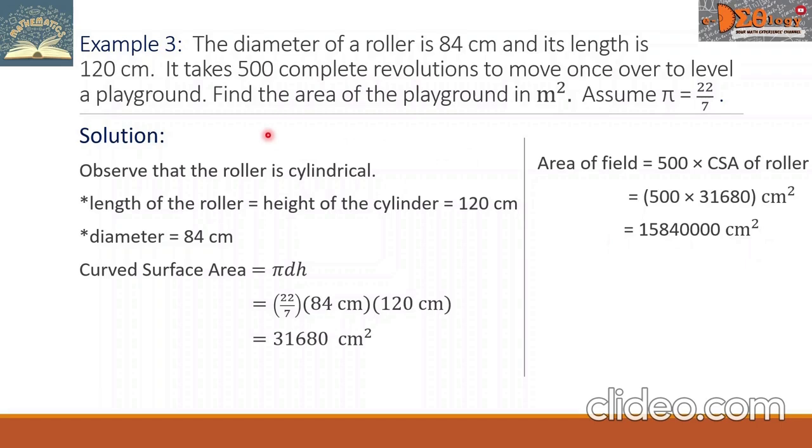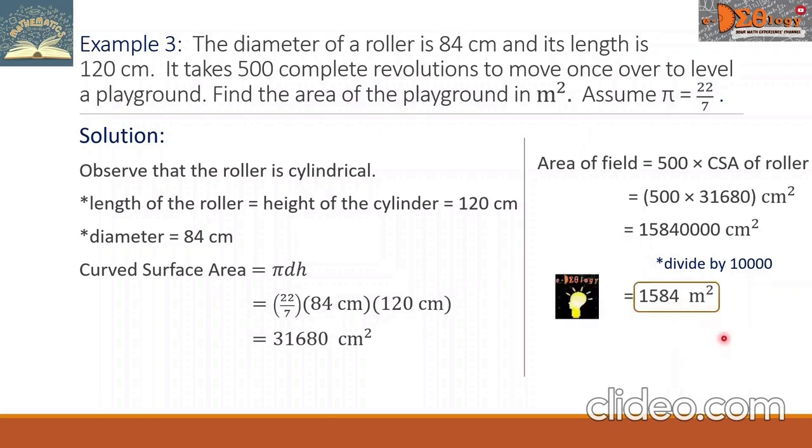Observing our problem, we need the area in terms of square meters. The value here is in terms of square centimeters. To do that, we just divide this value by 10,000. So we have now 1,584 square meters. This is the answer.